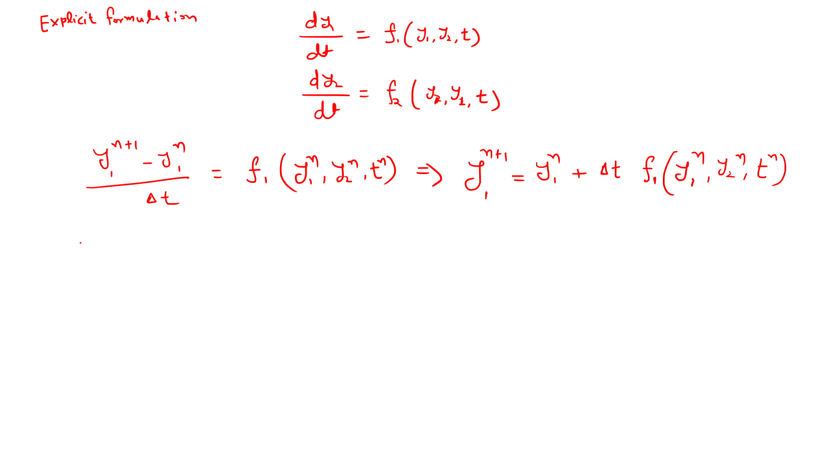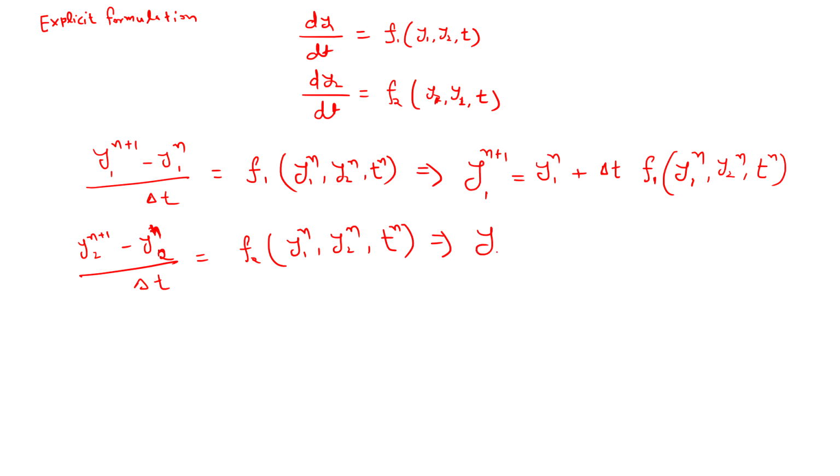Similarly, y2 at n plus 1 minus y2 at n divided by delta t is given as f2 evaluated at old time step values. This implies I have y2 at n plus 1 equal to y2 n plus delta t f2 of y1 n, y2 n, t to the power n.